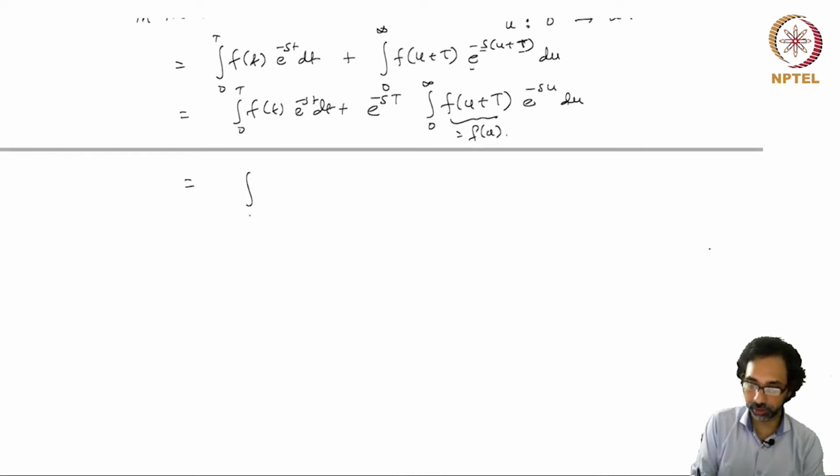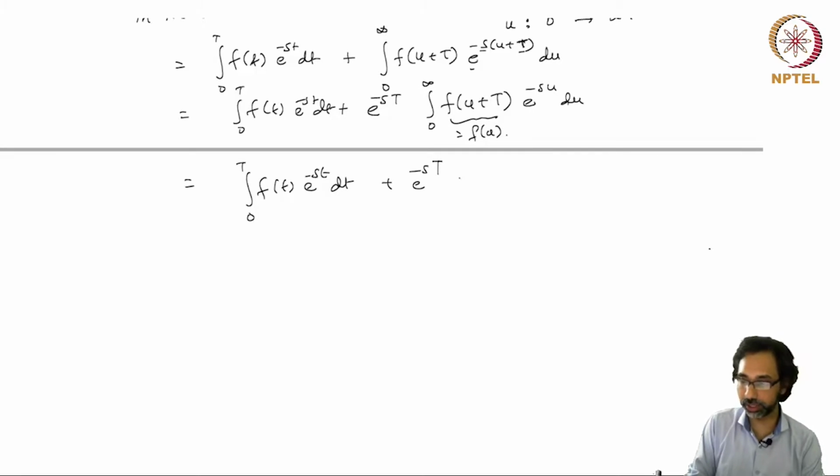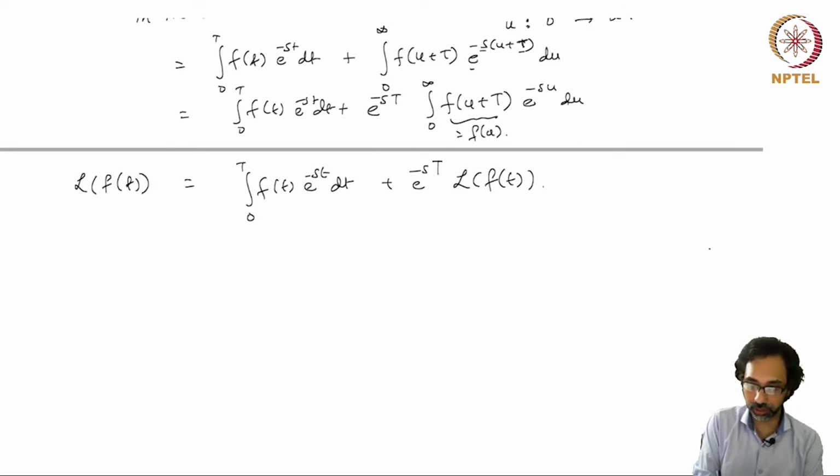Therefore, we get that this is equal to the integral from 0 to T of f(t) e to the minus st dt plus e to the minus sT, and we have the Laplace transform of f(t) again. So our left hand side was also the Laplace transform of f(t).